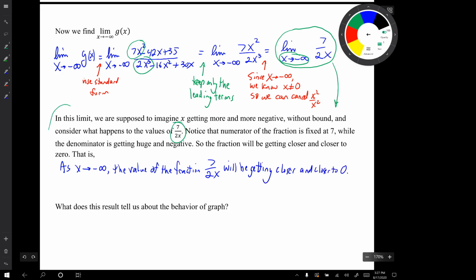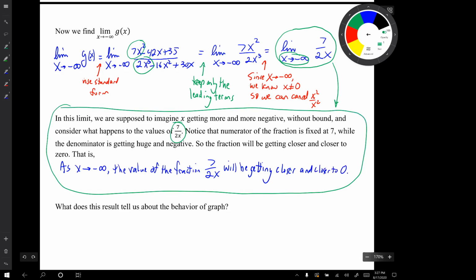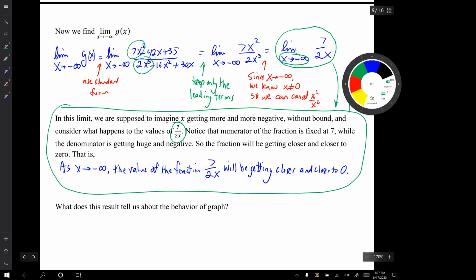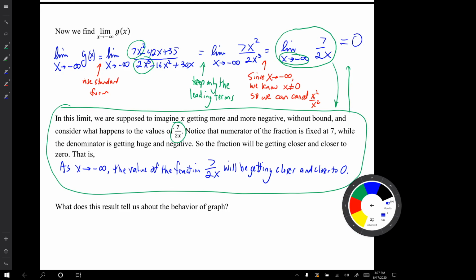So all of this green thinking goes into being able to say that this limit is the number 0. Now, what does this tell us about the behavior of the graph? Well, this tells us about the left end of the graph.